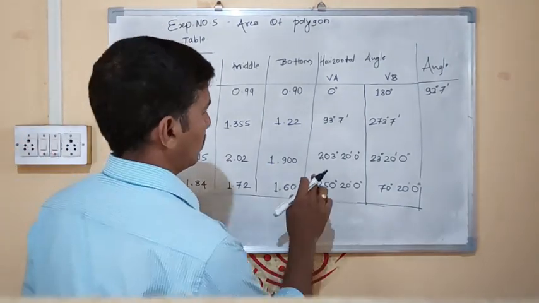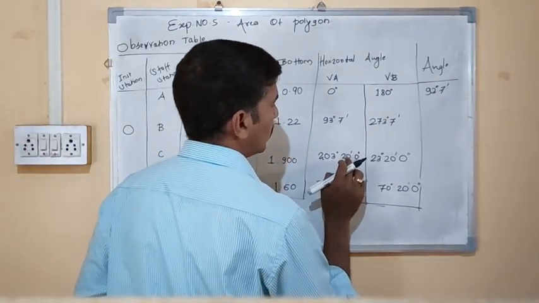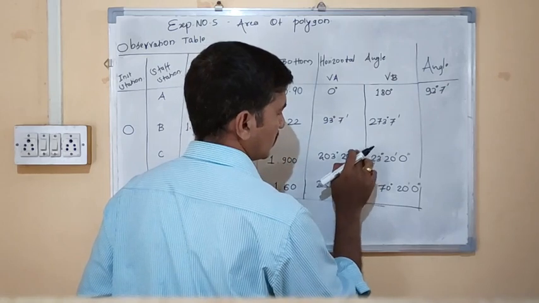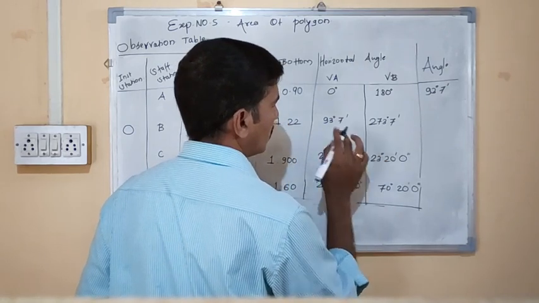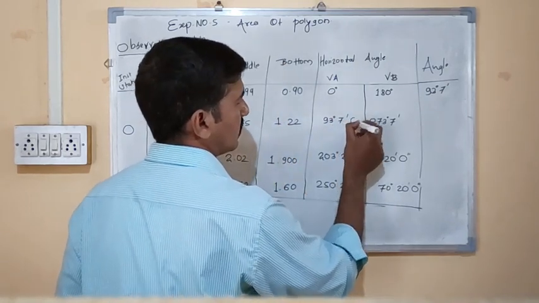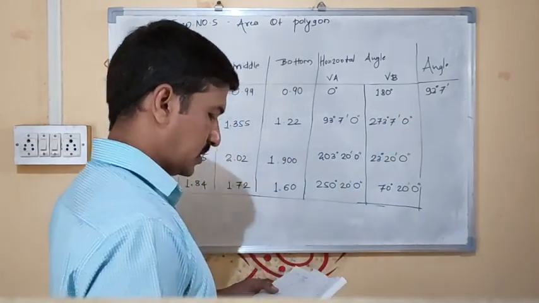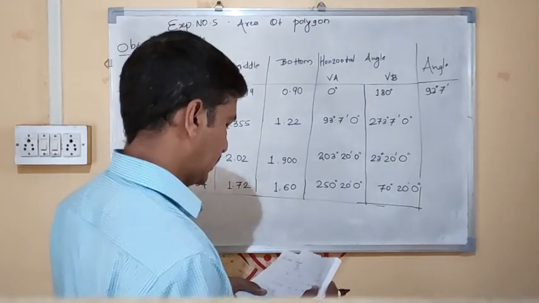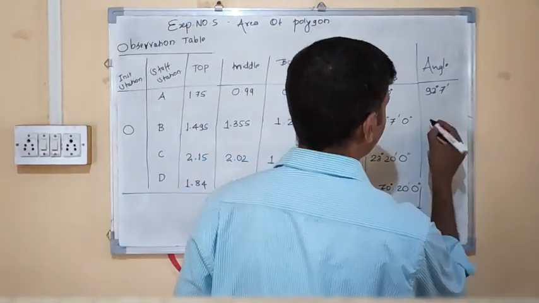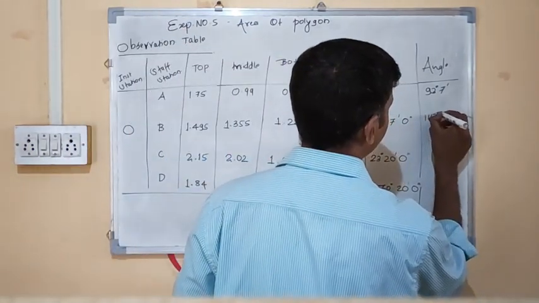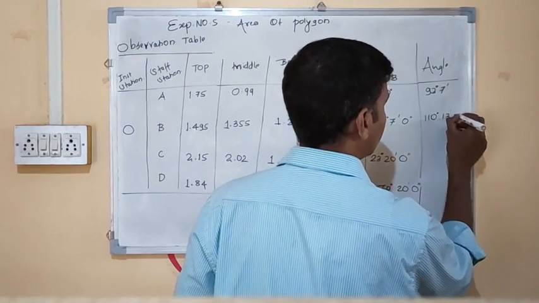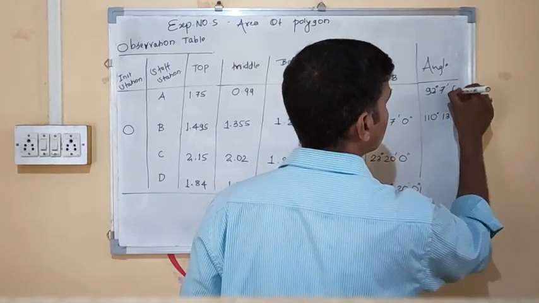Next will be 203 degrees 20 minutes 0 seconds minus 93 degrees 7 minutes 0 seconds. I have calculated it and got 110 degrees 13 minutes 0 seconds.